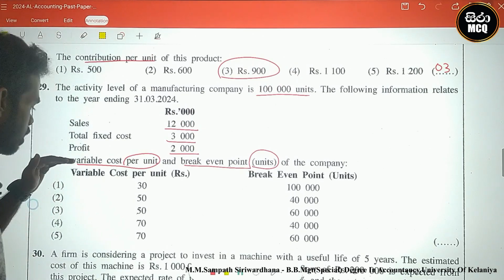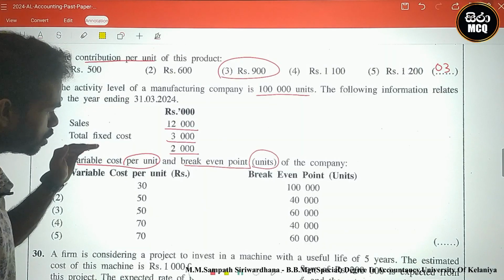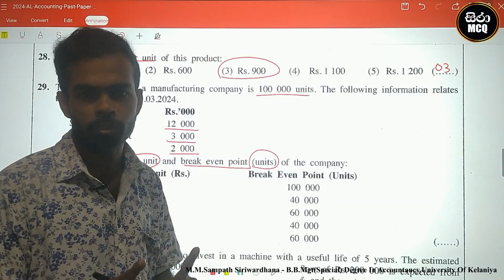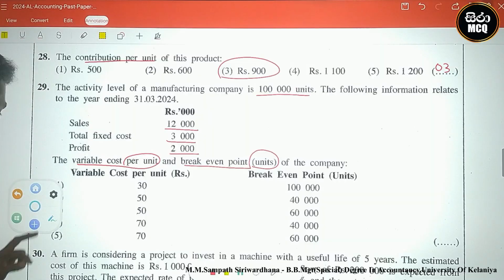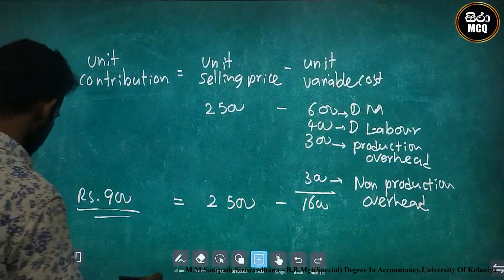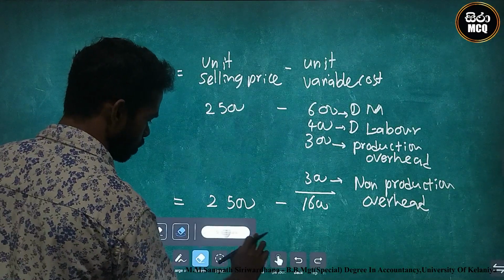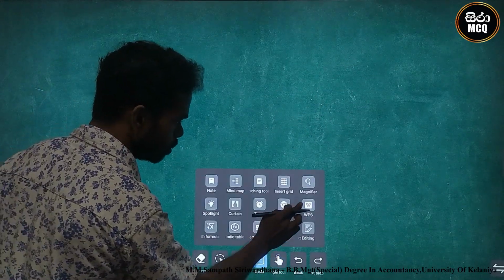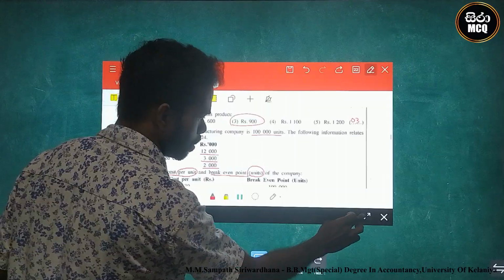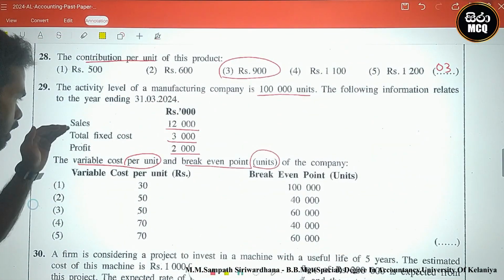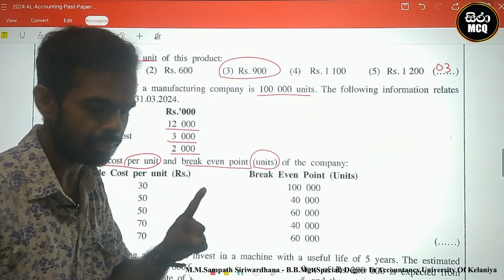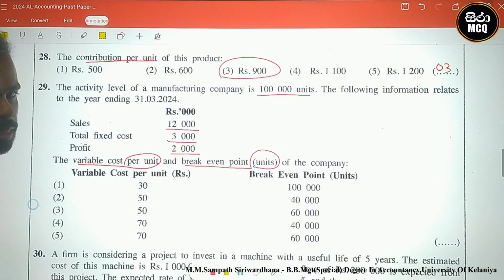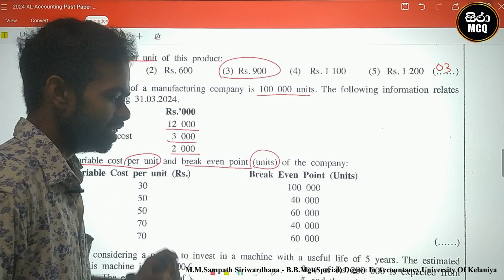The requirement is the variable cost per unit. How can we calculate it? Look at the question. Sales is there, total fixed cost is there, profit is there, and the number of units is there.